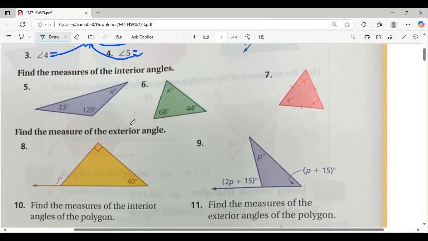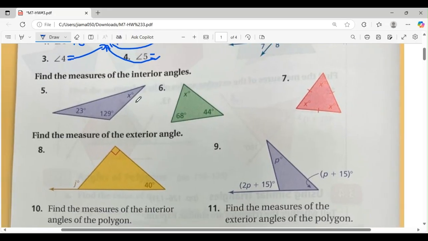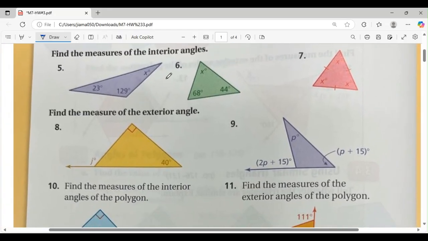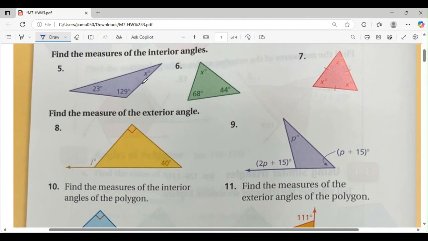Let's see next. Find the measures of the interior angles. The sum of the interior angles of a triangle is the three angles added together, which is 180 degrees.